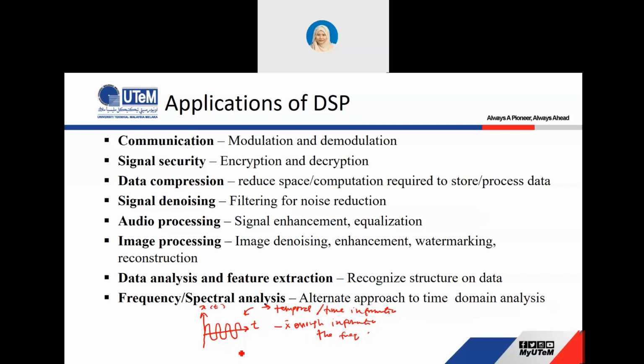How do you know the frequency of the signal? Is it 50 Hz? Is it 100 Hz? You can't get the information of the signal frequency, the fundamental frequency of the signal. So to find the fundamental frequency of the signal, you need spectral analysis.